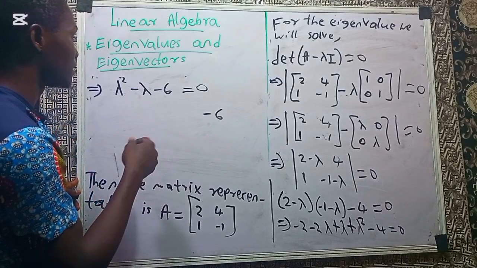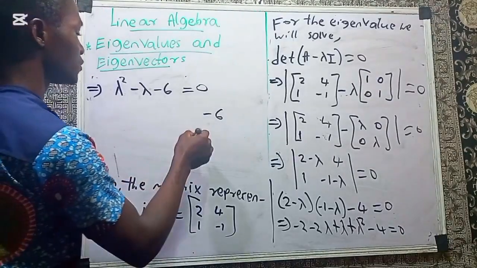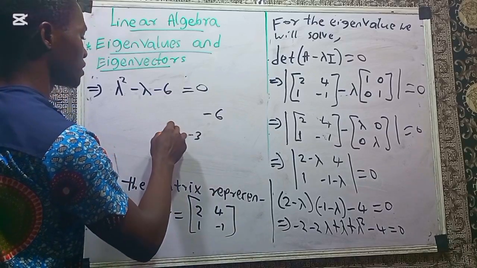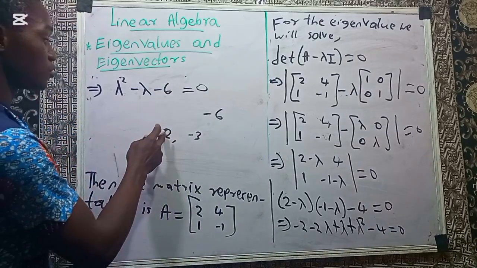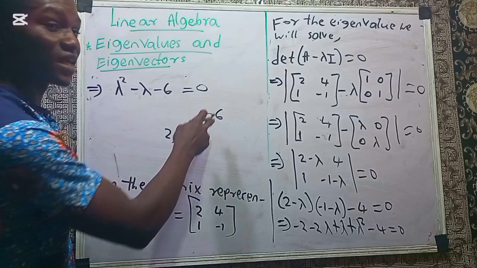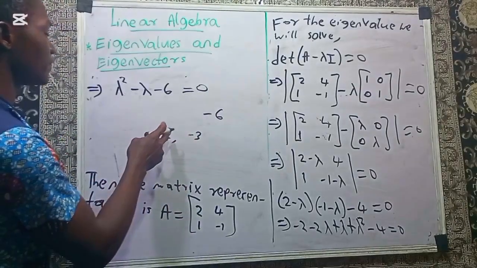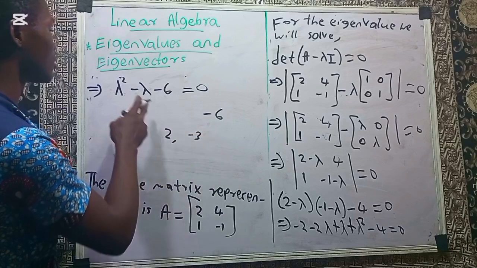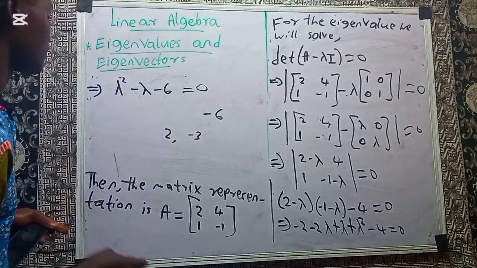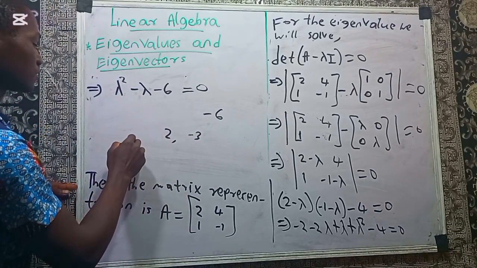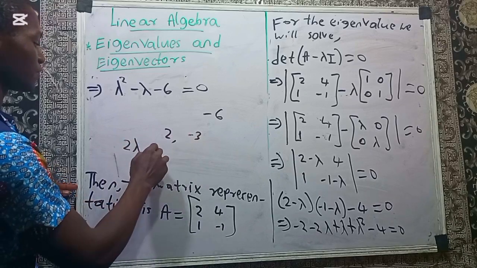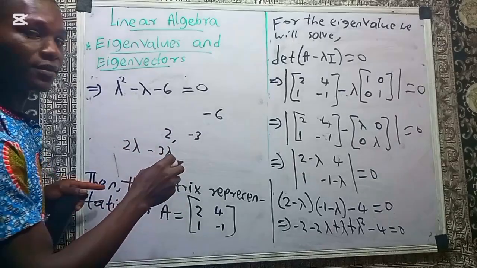So let's get the two factors. The two factors will be -3 and +2. 2 multiplied by -3 is -6, and if you add 2 and -3, you are going to get -1. So the first lambda will have coefficient of +2, and the second lambda will have coefficient of -3, right?